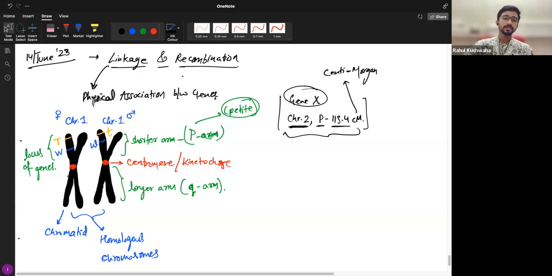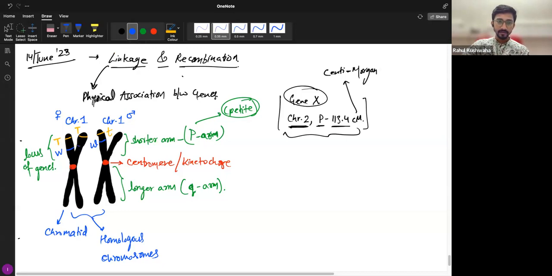So if this is one chromatid, chromatid 1, this other chromatid is exactly like this, right? Make sense? So if this has capital T at this location, this will also have capital T. Now, it is not possible that one has capital T and the other chromatid of the same chromosome has small t. This is not possible.